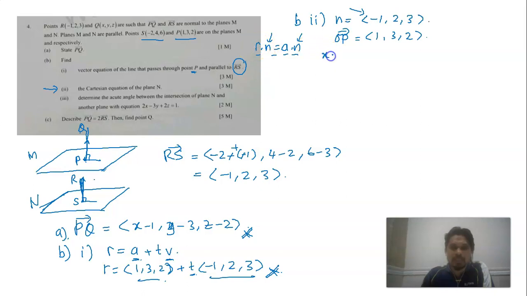So we get X plus 3Y plus 2Z equal to, okay, OP (1, 3, 2).